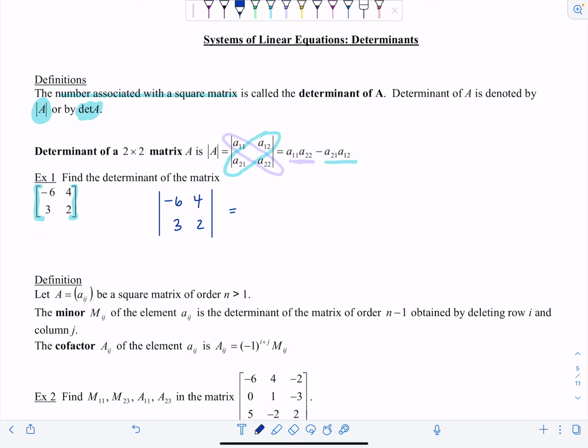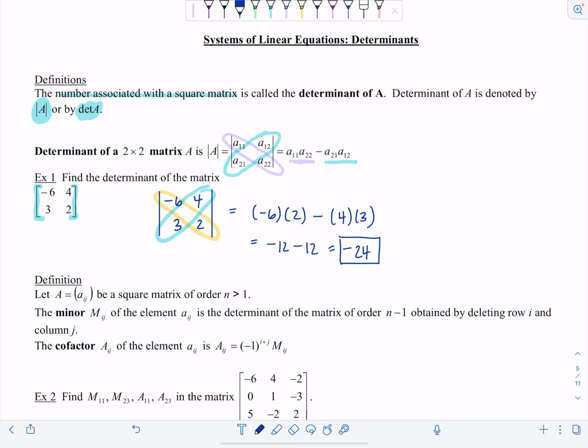I'm going to take the product along this diagonal here, so -6 times 2, and then I'm going to subtract the product along the other diagonal, which is 4 times 3. And then we're left with -12 minus 12, which is -24. So the determinant of that matrix is equal to -24.